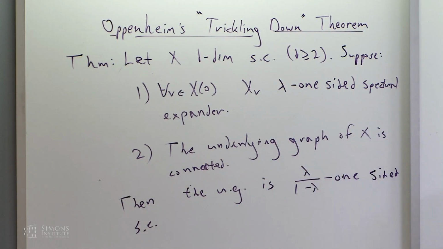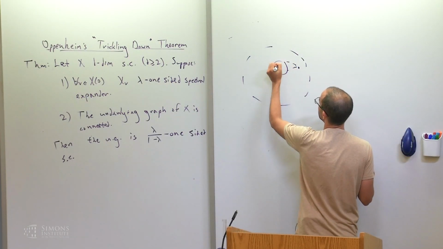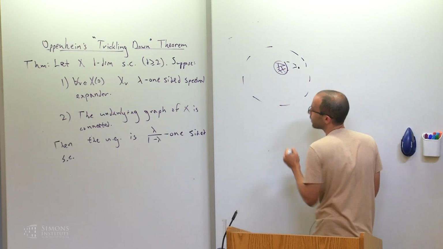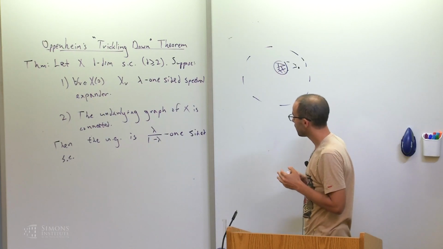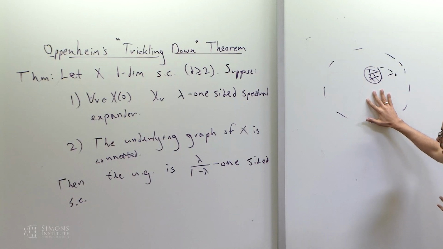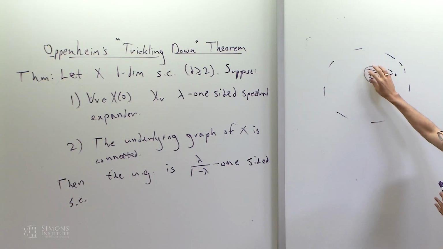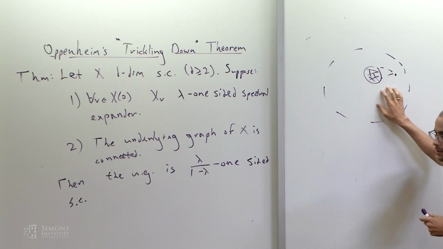Okay, so in essence, what does this theorem mean? Suppose that we have our simplicial complex, and for every vertex, if I look at its neighborhood, it's locally a very well-connected graph. Then if the underlying graph itself is also connected, this local connectedness trickles down to the property of being well connected also in the underlying graph itself.